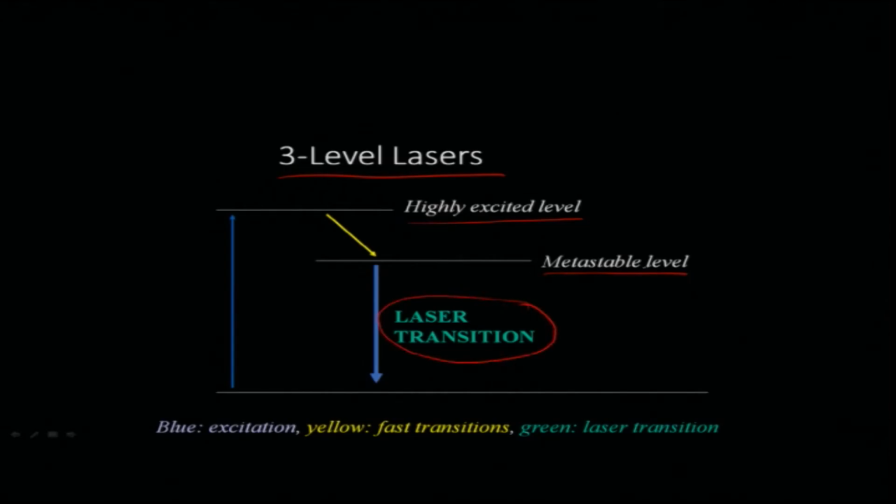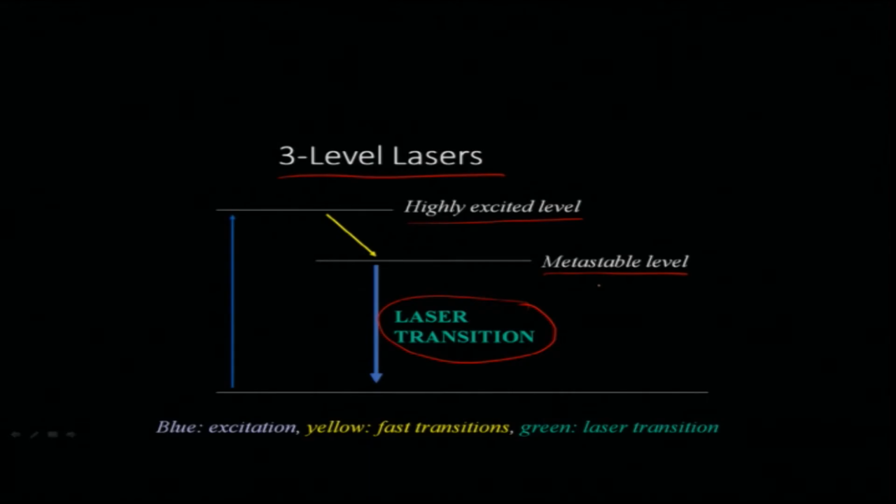Now, this is a possible scenario because the metastable state can be something where the population can come down after going through the highly excited level, and so it can grow the population of the metastable state if it has stability to some level, so that it does not decay quickly. That would mean that it will accumulate population, and an inversion of population with respect to the other state where it started from can get higher, and so you can have an inversion.